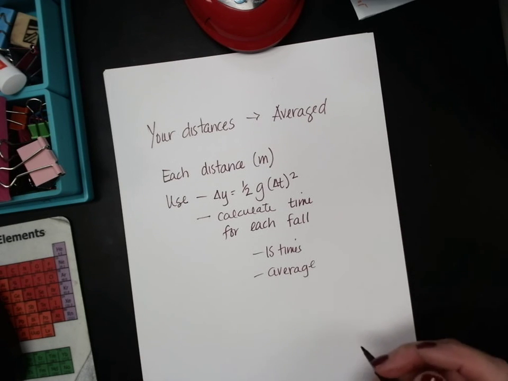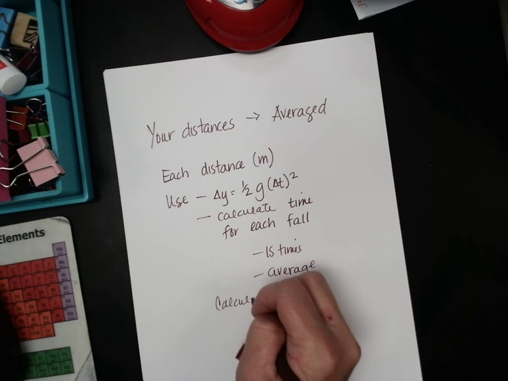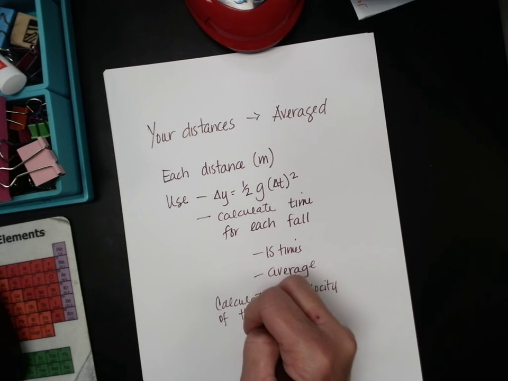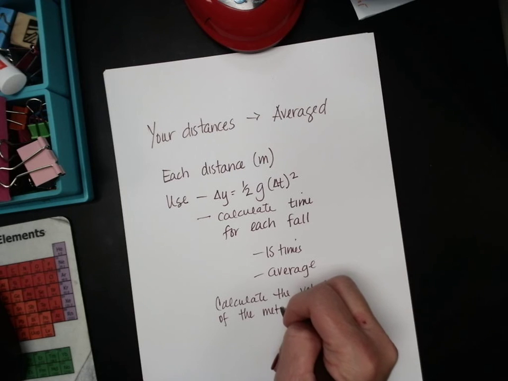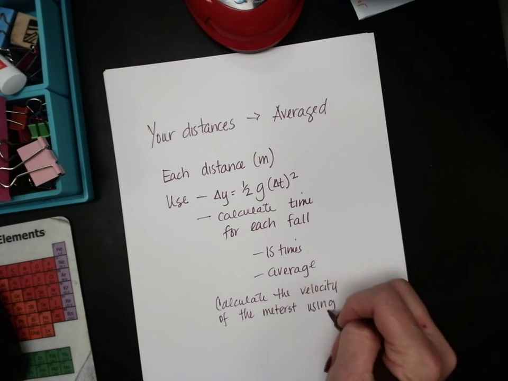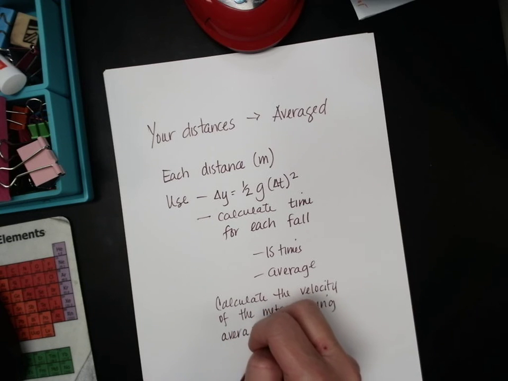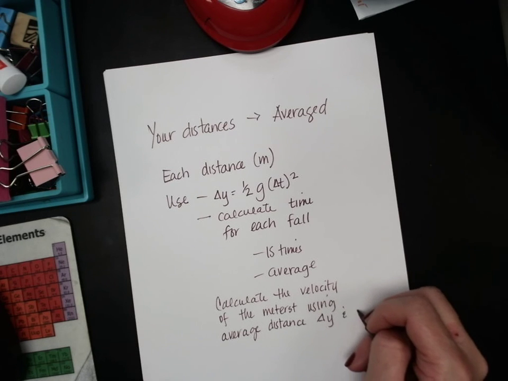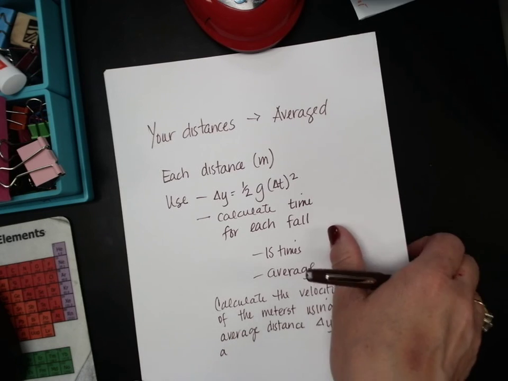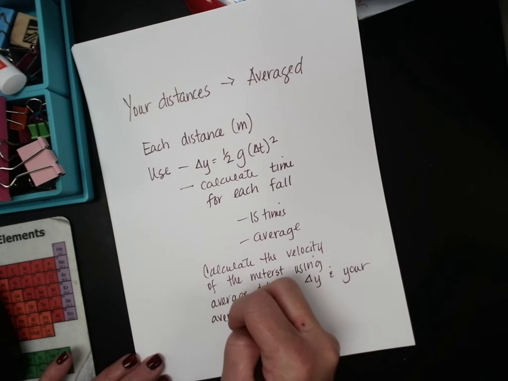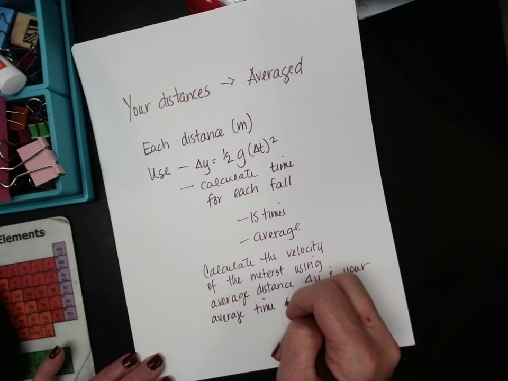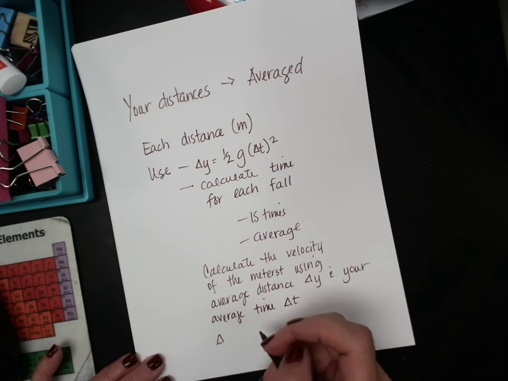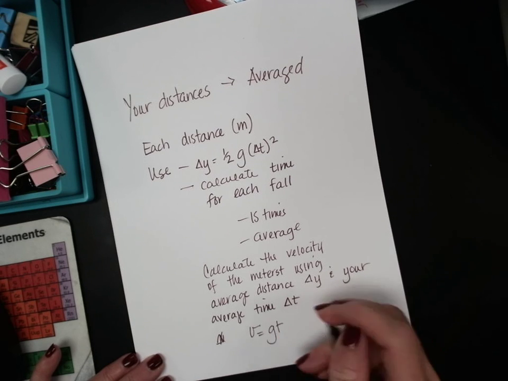And then I want you to calculate the velocity of the meter stick using your average distance, which is your delta y, and your average time, which would be your delta t, using v equals gt.